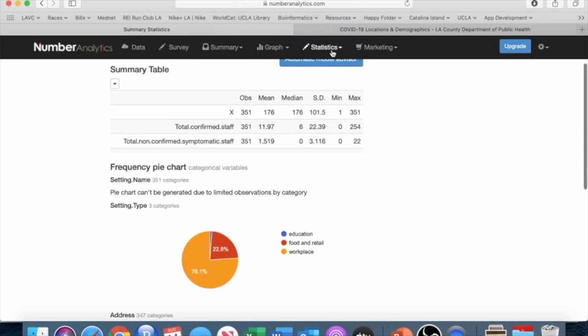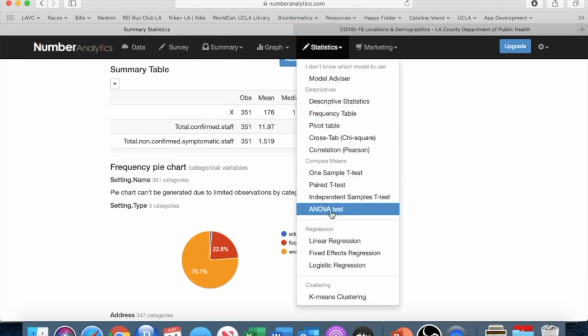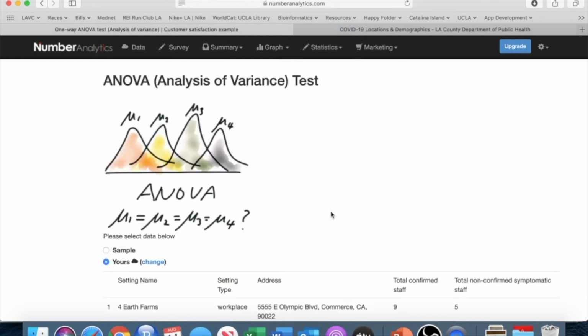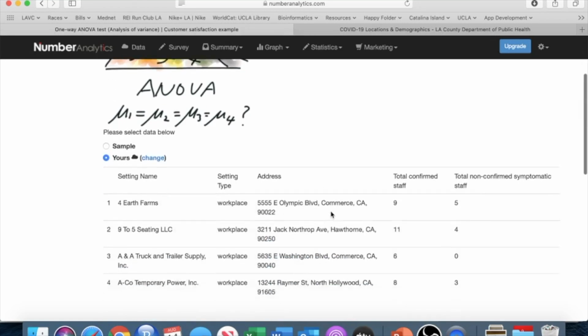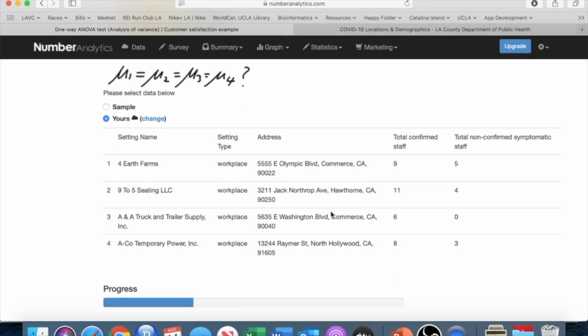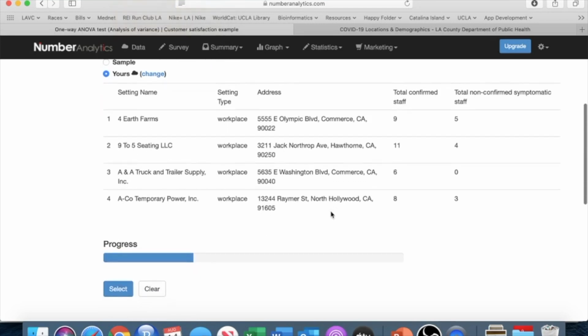So then I'm going to press statistics and then ANOVA test. Again, what I'm interested in is whether there are different settings where it's more likely to have more total confirmed staff compared to the other settings. So that's my alternative hypothesis.